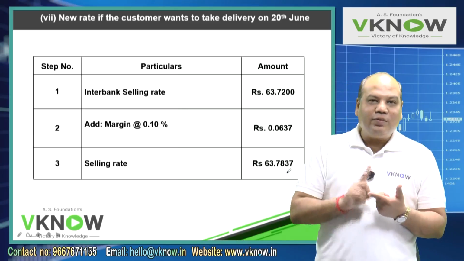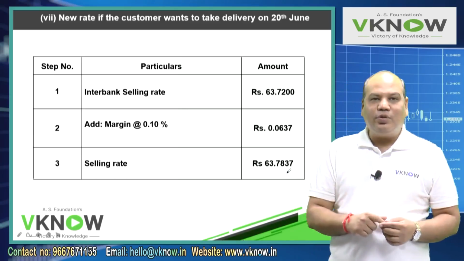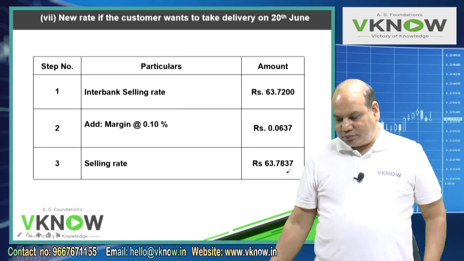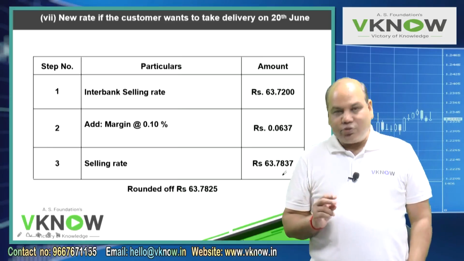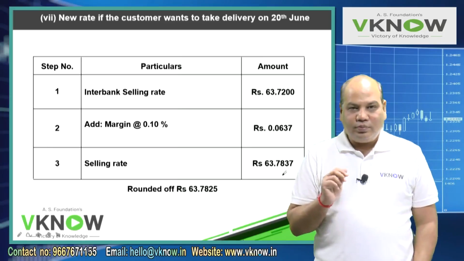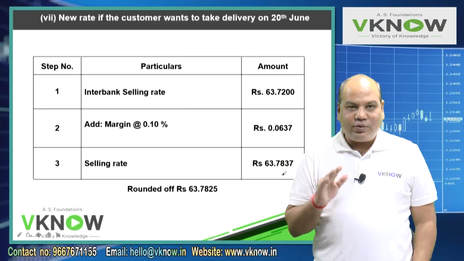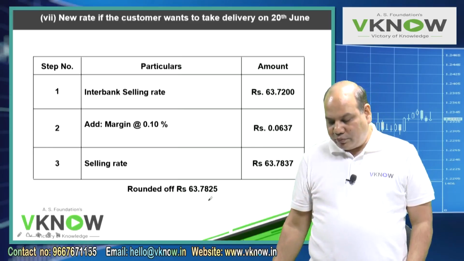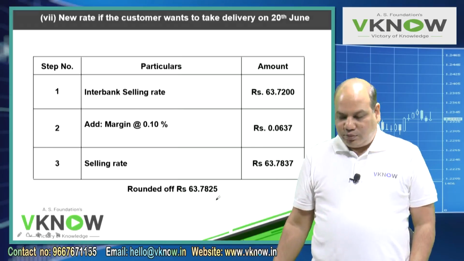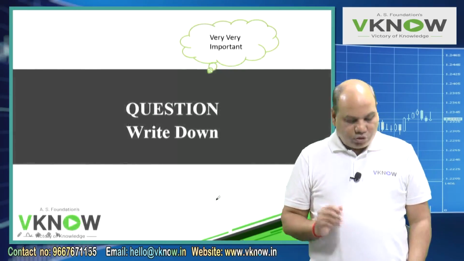Is 37 closer to 25 or 50? The answer is 25. 37 minus 25, gap is 12. 50 minus 37, the gap is 13. So the difference has to be lower. 63.7825. Okay, so this answer is over.